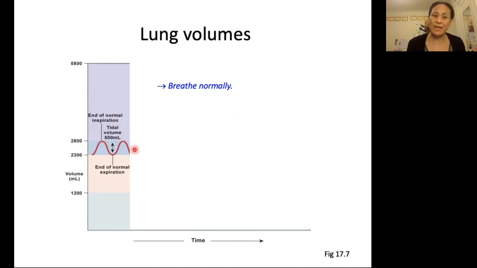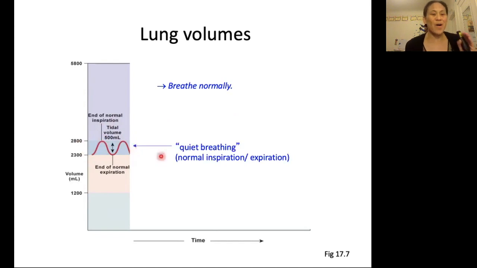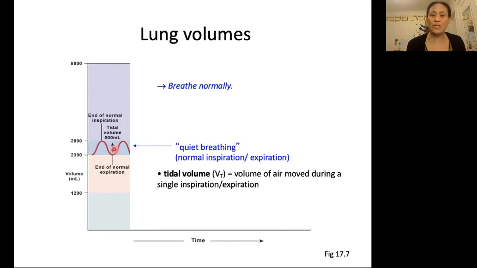We have a name for breathing normally. We call that quiet breathing. Quiet breathing is your normal inspiration and expiration that doesn't require extra effort. We have a name for the volume that you breathe in and out with each breath.